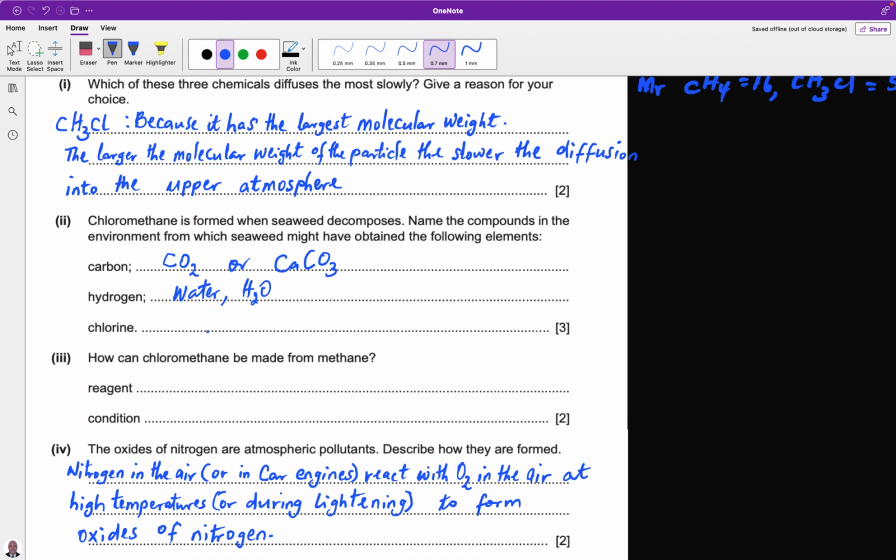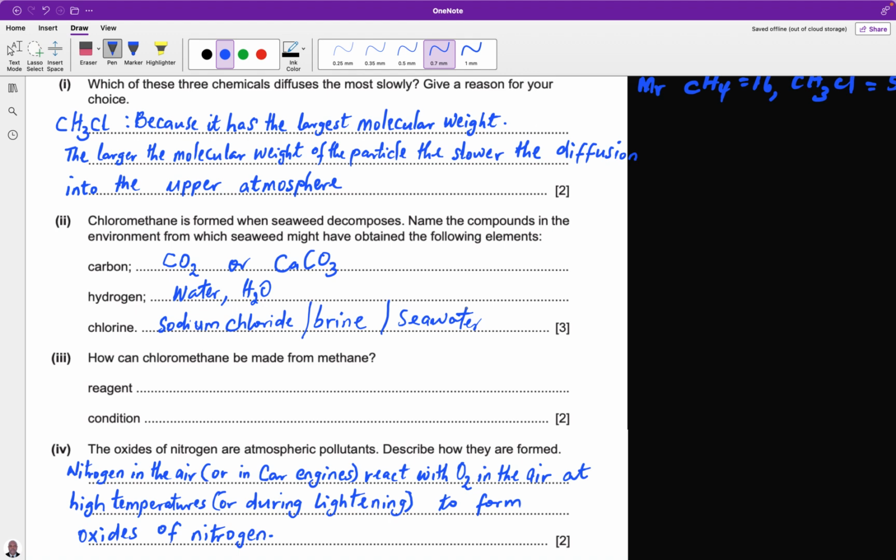Seaweed can only obtain chlorine from sodium chloride, or what we call brine, or what we call sea water, because seawater is another form of brine, another form of sodium chloride.